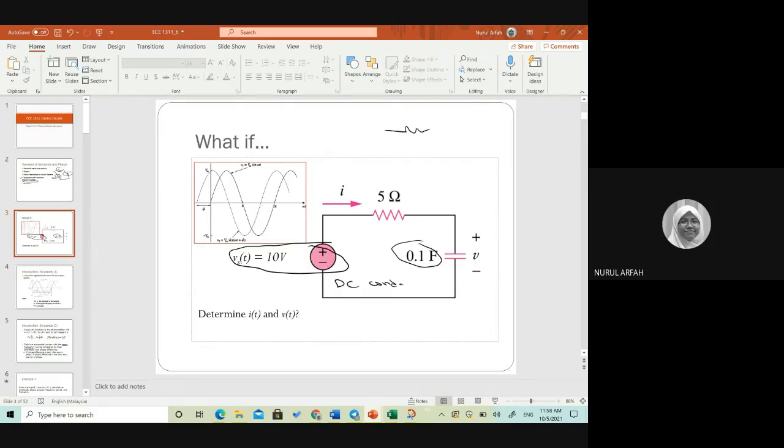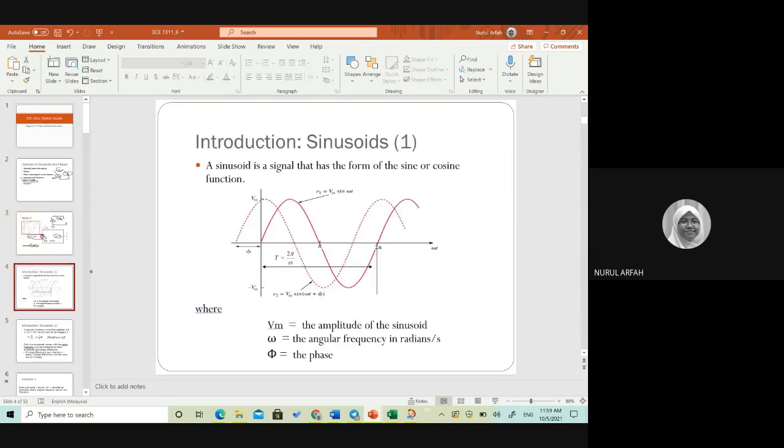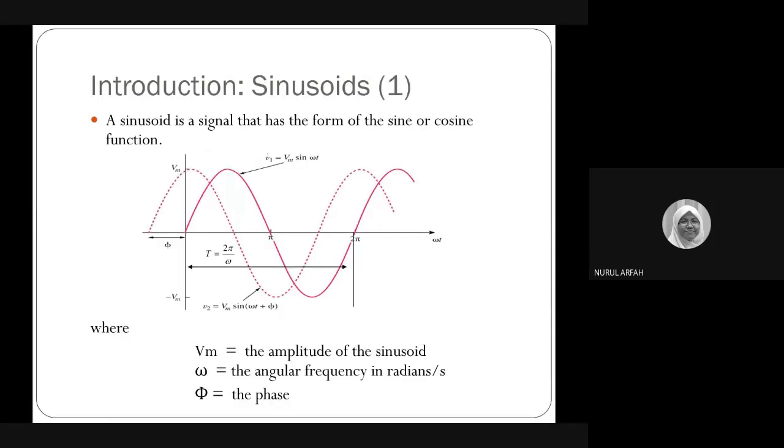So it will become like this, open circuit, and we cannot fully utilize this because current will be equal to 0. So this is considered problematic if you want to use it with respect to time like this. Okay, so because of that, we are going to have this sinusoidal form.